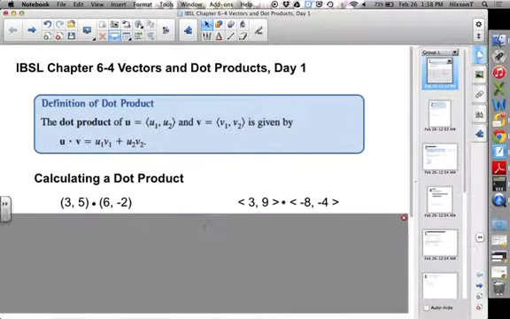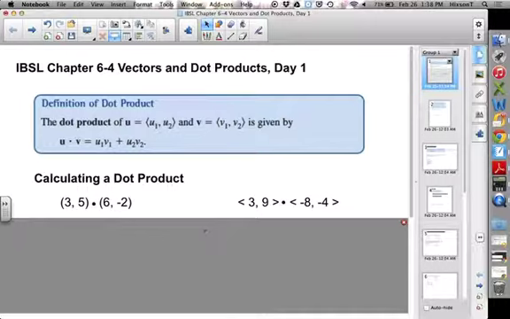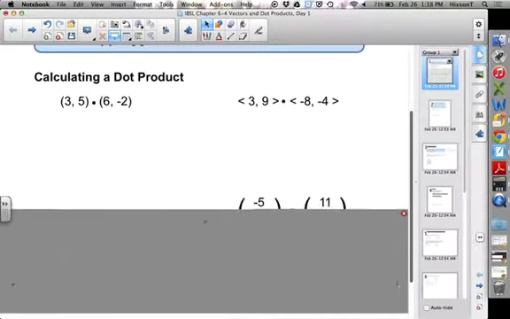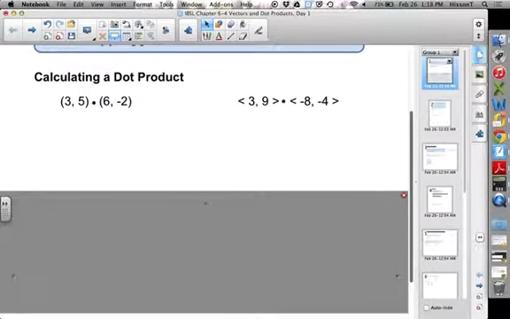So let's practice a little bit, and I'm going to try to mix in the various kinds of notation, just for some extra practice with the notation as well. Here we have two different problems, both with vectors. We have the vector 3, 5 dot vector 6, negative 2.